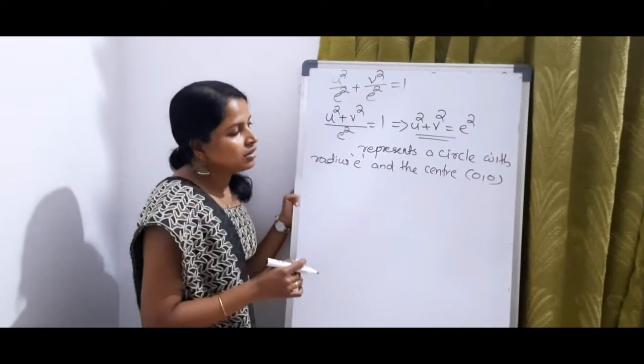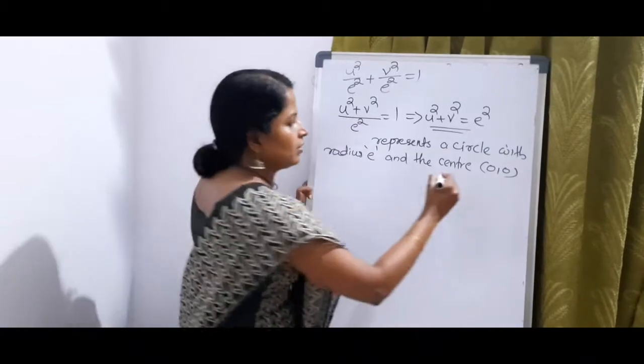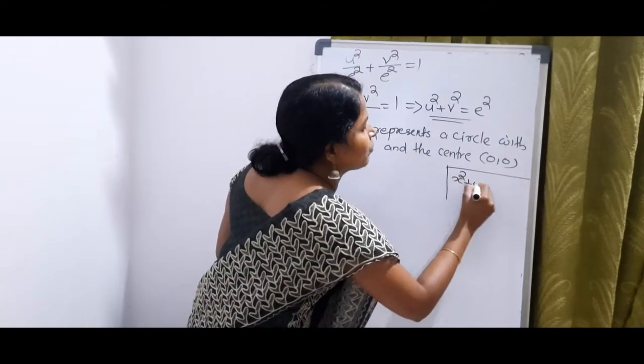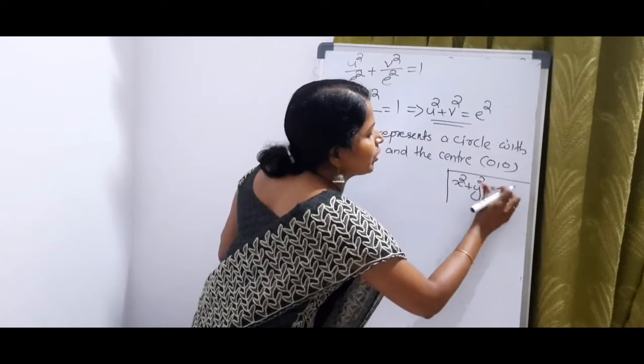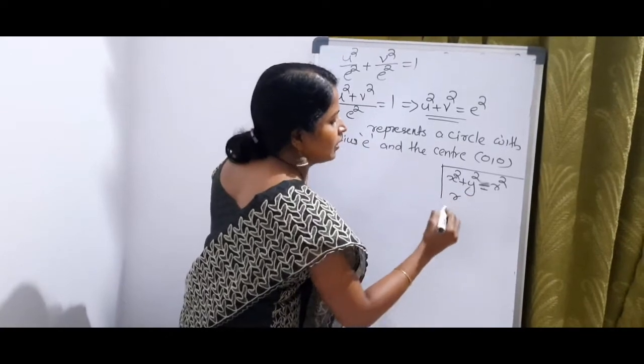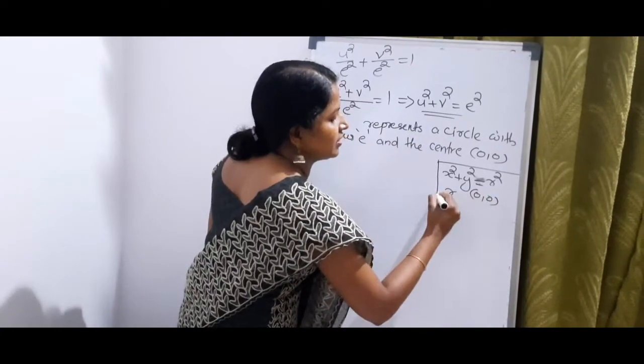Center is the origin. That is, our general form is x square plus y square equal to r square is the equation. Here r is the radius and 0, 0 is the center.